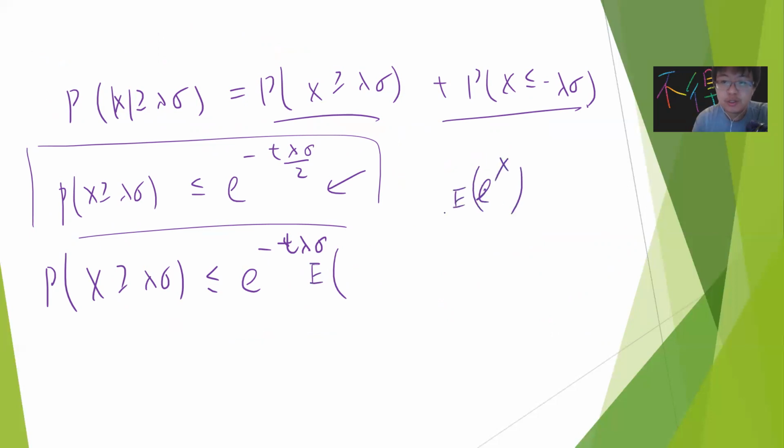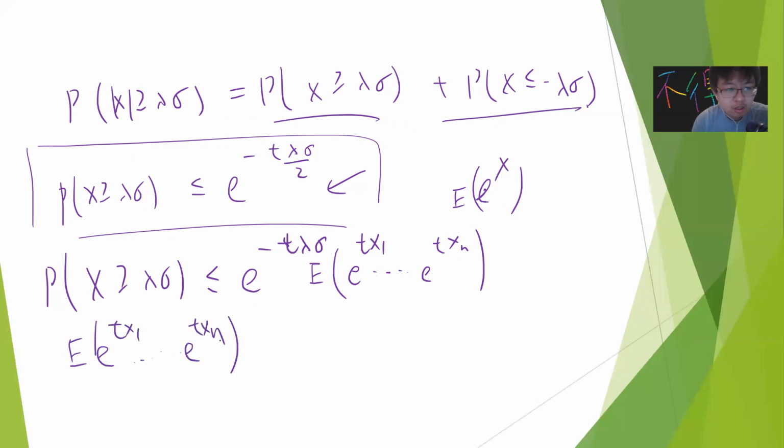Here comes the trick: since these variables are independent, you can separate this into a product. The expectation value of exponential tx1 times up to exponential txn is exactly the same as the expectation value of exponential tx1 times exponential tx2, up to exponential txn.